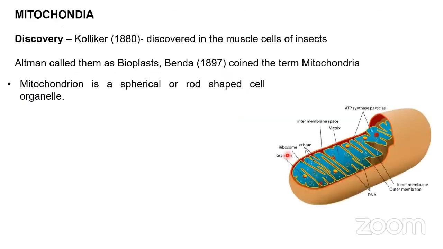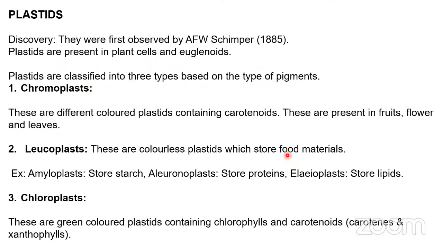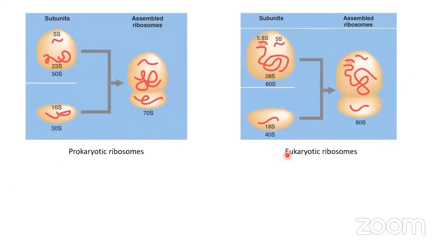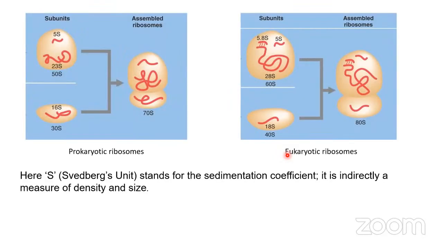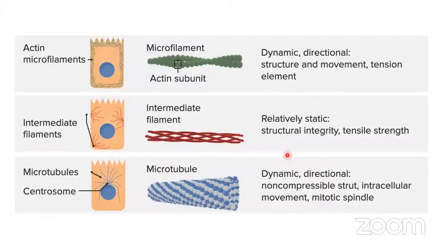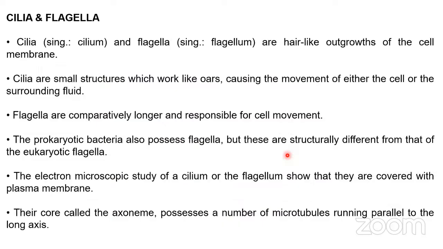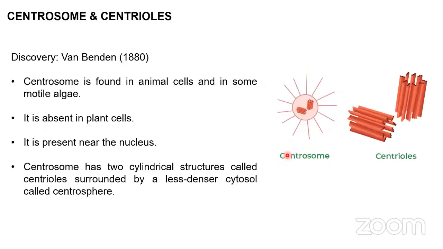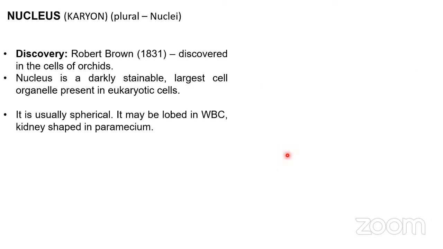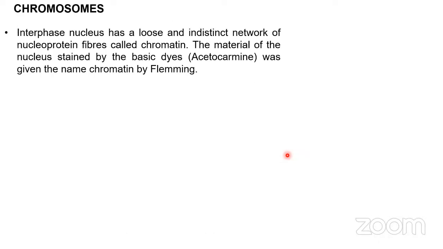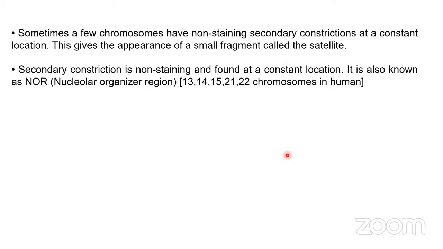So basically what we studied today is, we first studied what is mitochondria, then what are plastids, what are different types of plastids, what is the function of chloroplast, what are ribosomes, what are the different subunits of ribosomes present in prokaryotic and eukaryotic cells, and then what is the cytoskeleton, what are the components of the cytoskeleton, what are cilia and flagella, what is the basic structure of cilia, and then we studied centrosomes and centrioles, and then the nucleus, which is the controlling center of the cell, and the chromosomes present inside the nucleus.